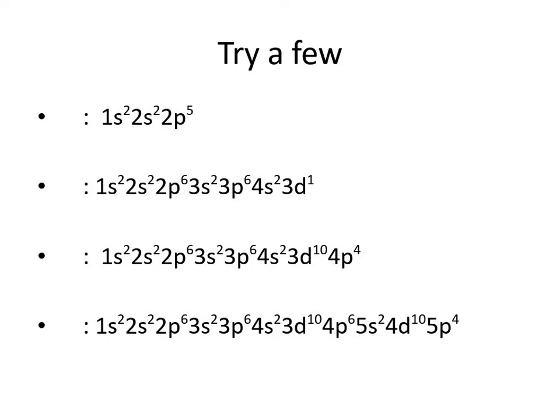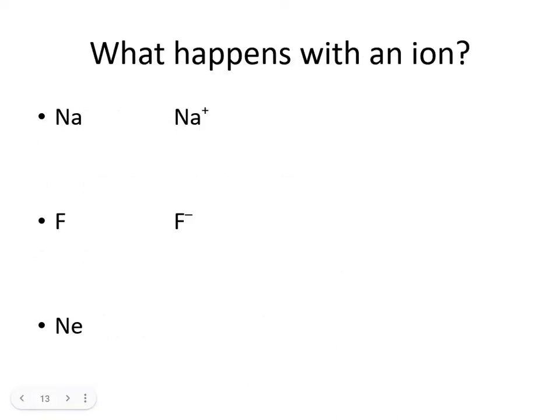All right. Then, what happens if they're an ion? If they are a plus charge, would that be losing or gaining electrons? Losing. So then this Na, I'm going to lose an electron and then do my electron configuration.